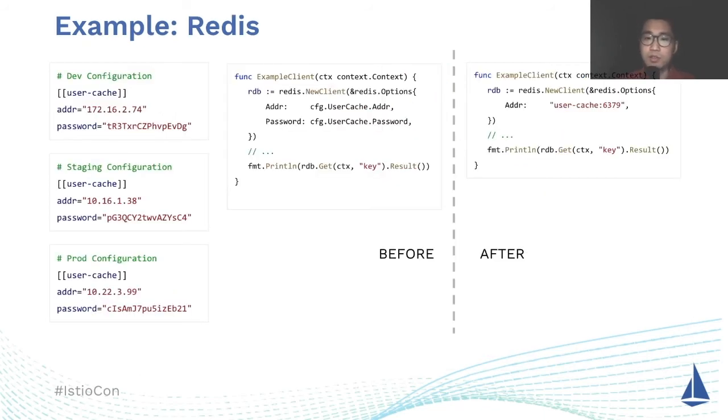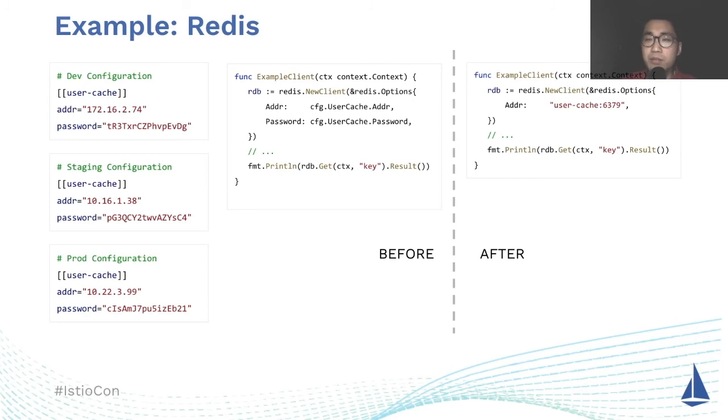Here is the pseudocode before and after we use Aeraki. On the left, there are 3 configurations to record the Redis addresses and passwords for different environments, like dev, staging, and prod.